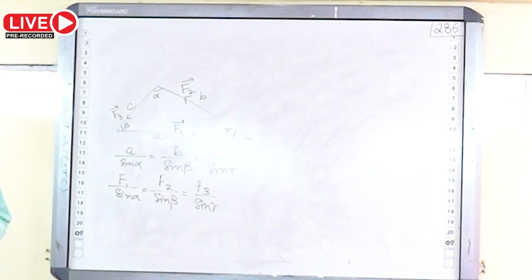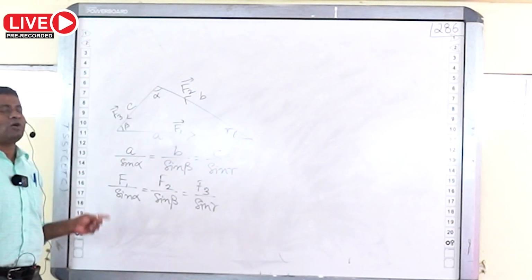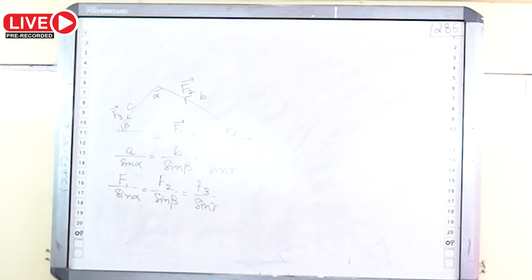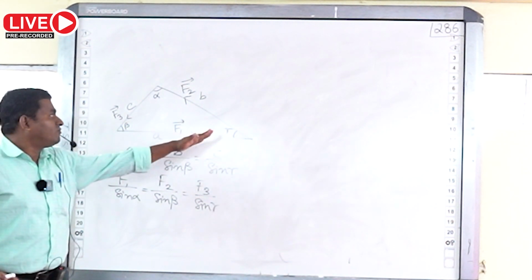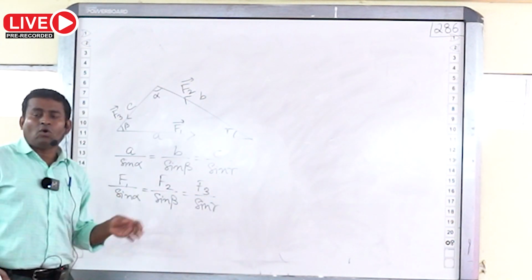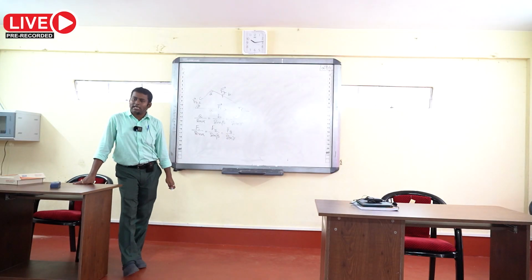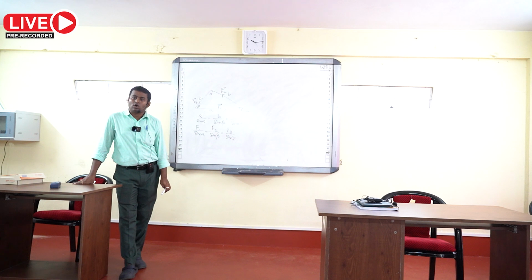Now check, what is the sum of all these forces? 0. F1, F2, F3 all are represented by the sides of a triangle taken in same order. So their resultant will be 0.